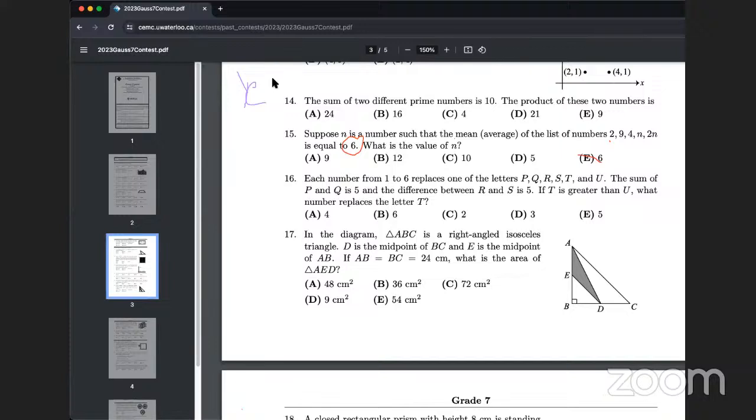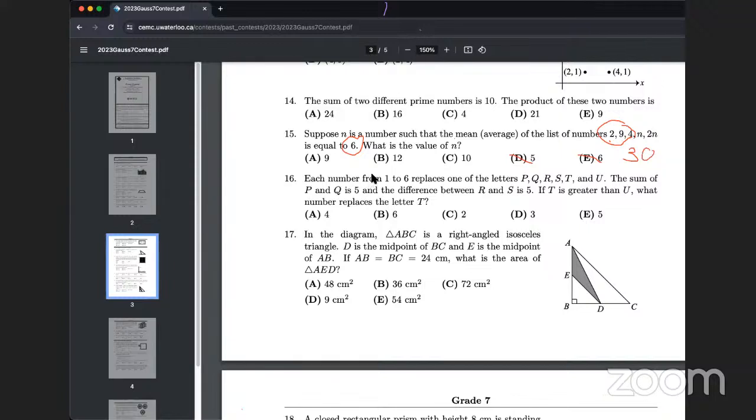Yes. Okay, so let's try 5. We already know these three numbers equal 15. So 15 plus 5 is 20, then 30. All of these numbers together equal 30 if we replace n with 5.